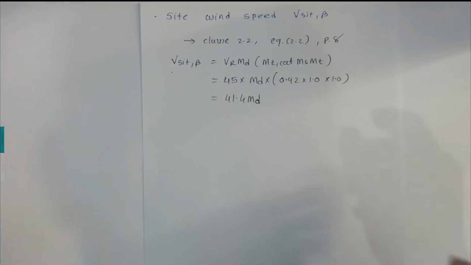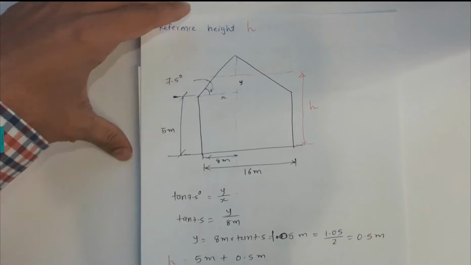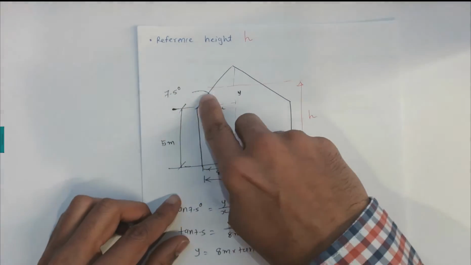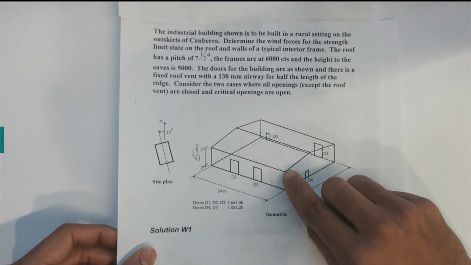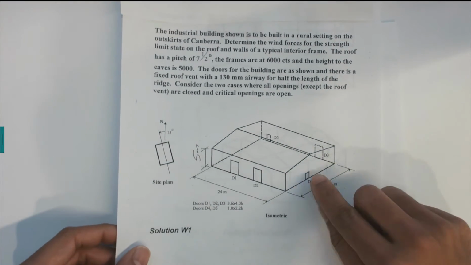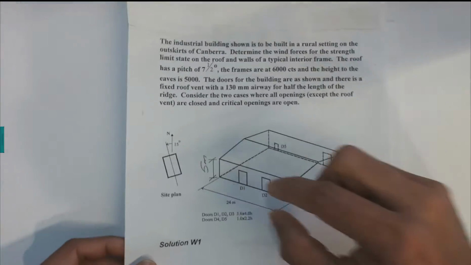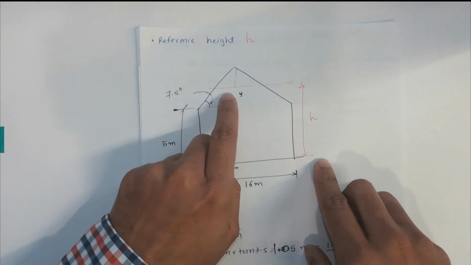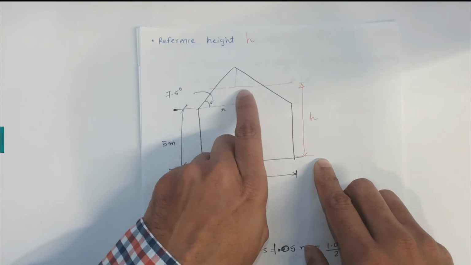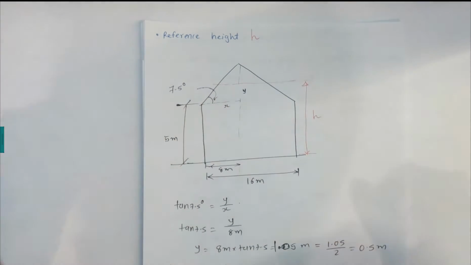First of all, we need to find the reference height of the building. If I draw the cross section of the building, we can see 16 meters here, 5 meters here, and 5 meters here. The reference height can be located in the middle of these inclined lines.